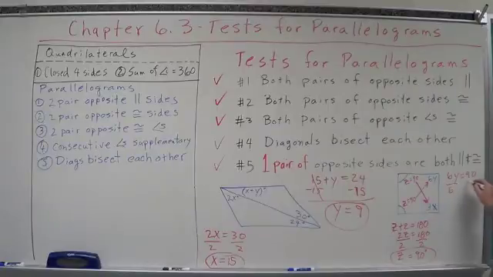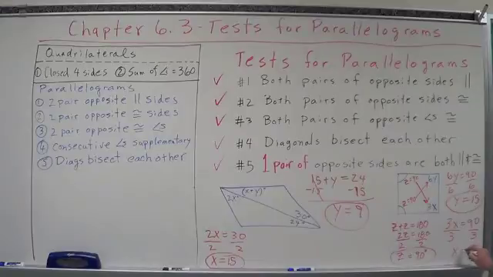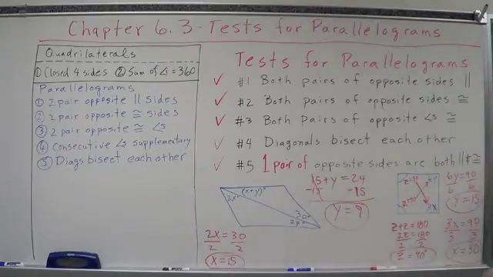Divide by 6, divide by 6, y equals 15. This down here, 3x equals 90. Divide by 3, divide by 3, x equals 30. Okay? That's what we've got there.